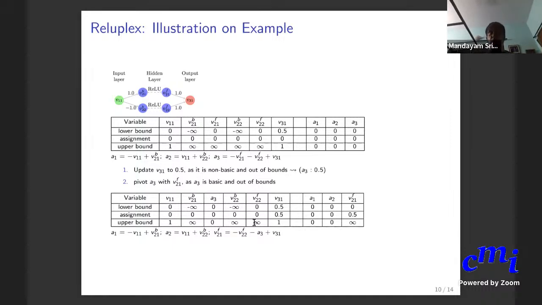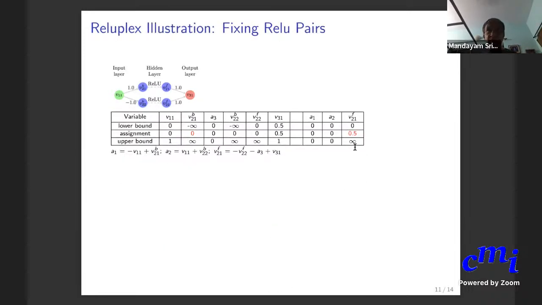But now you found a solution to this over-approximated LP instance, and you have to check if the ReLU constraints are satisfied. As you can see, this satisfying assignment breaks a ReLU pair, specifically the V21 ReLU node, which relates V21 of f to V21 of b.